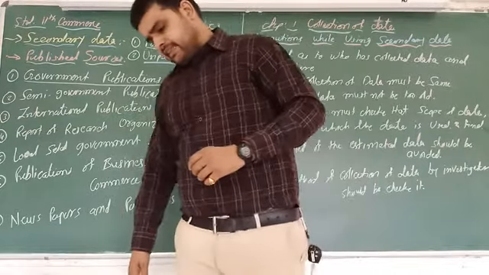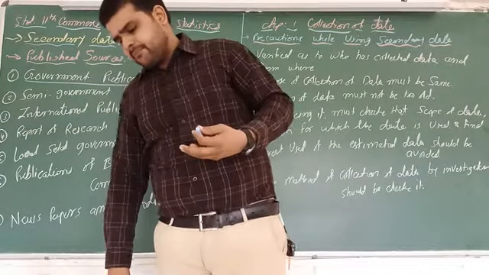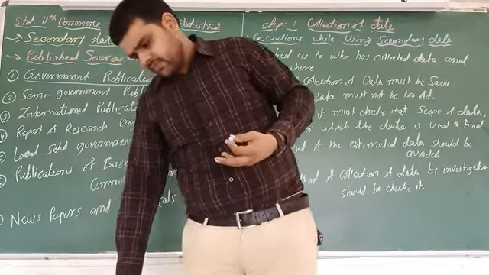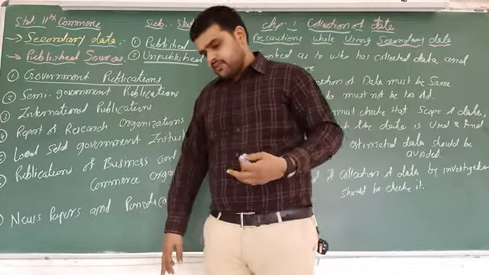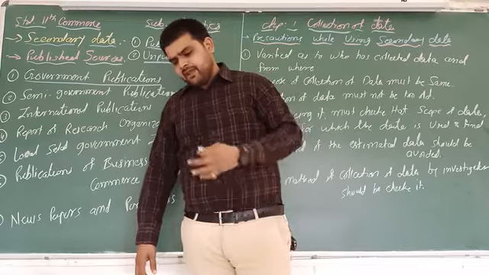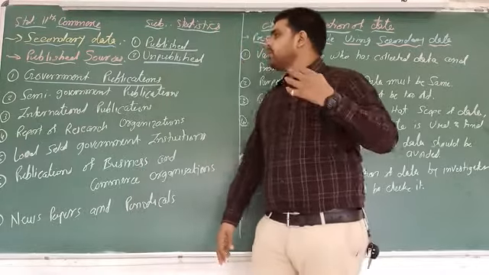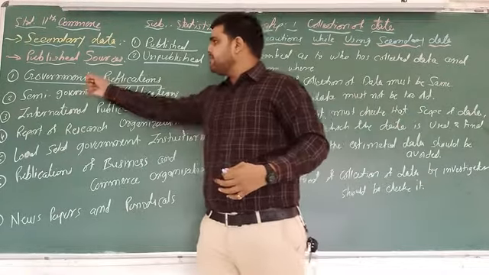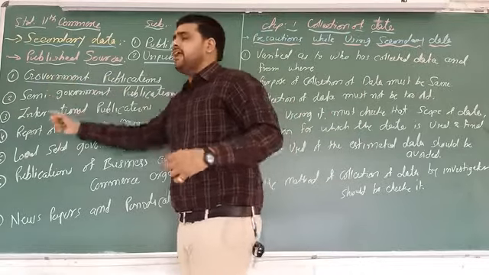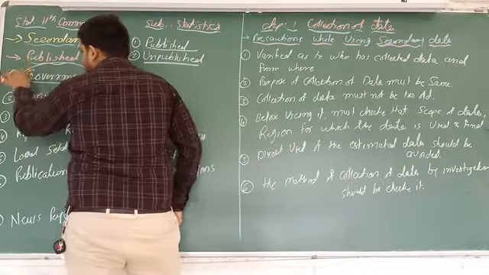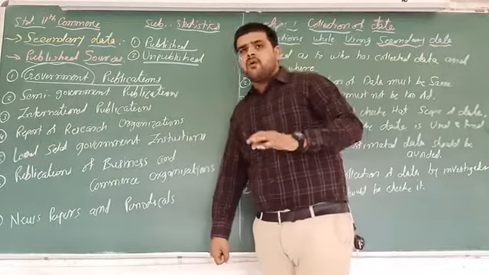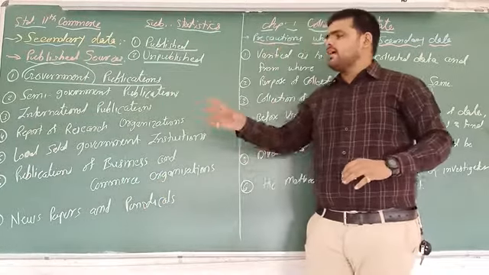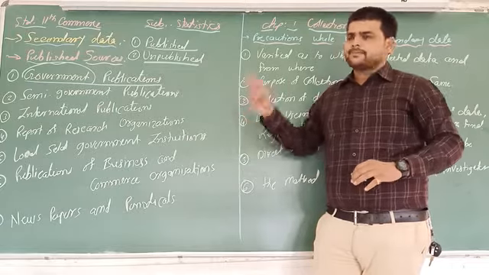For example, National Sample Survey Organization, Planning Commission of India. This is all a source which is received from the government. It means whatever data is published by the government itself, government bodies, that is called government publications.